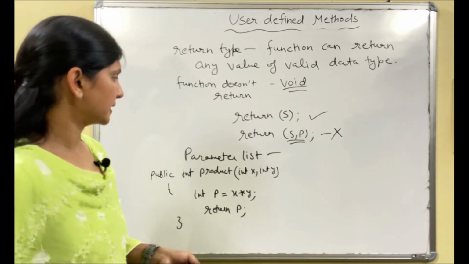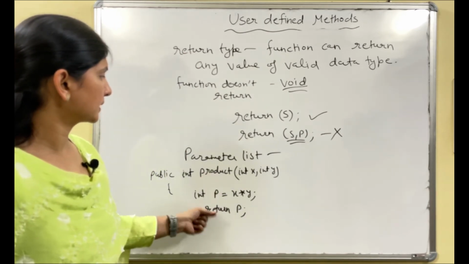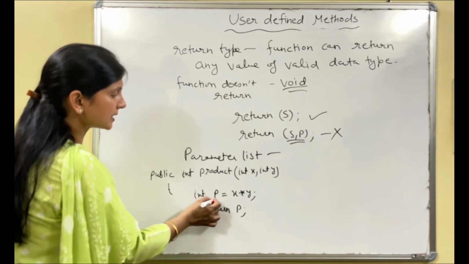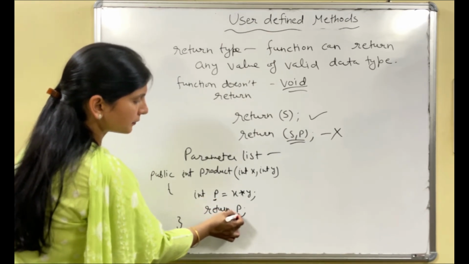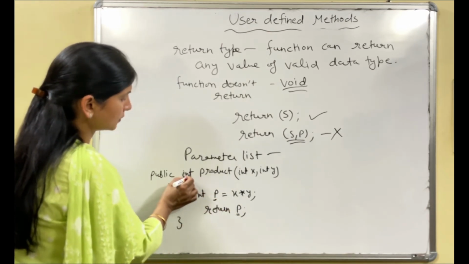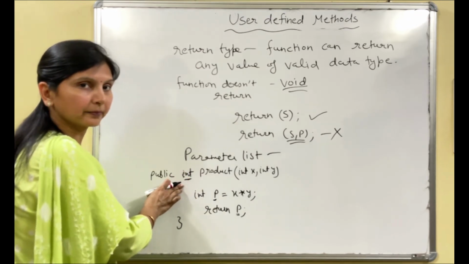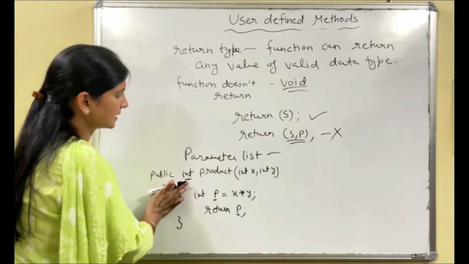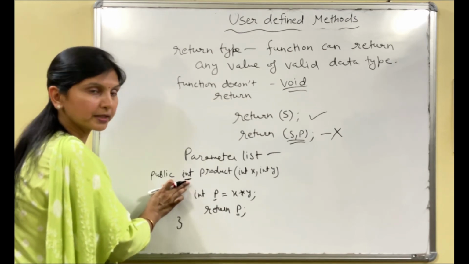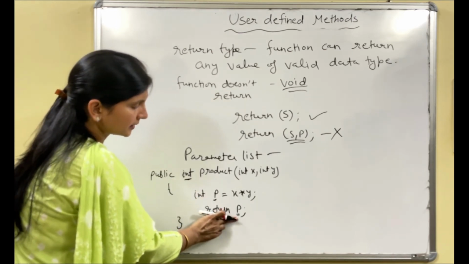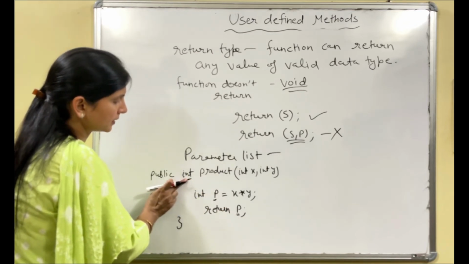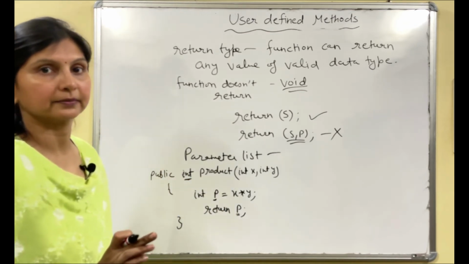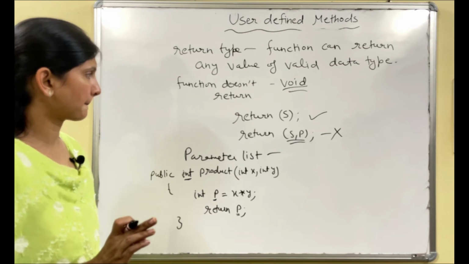And one more thing: p is int type, so the return type here should be int. The data type of the returned value and the return type should be the same. As we are returning the int data type, that's why I have written int here. Fine, I hope it is clear.